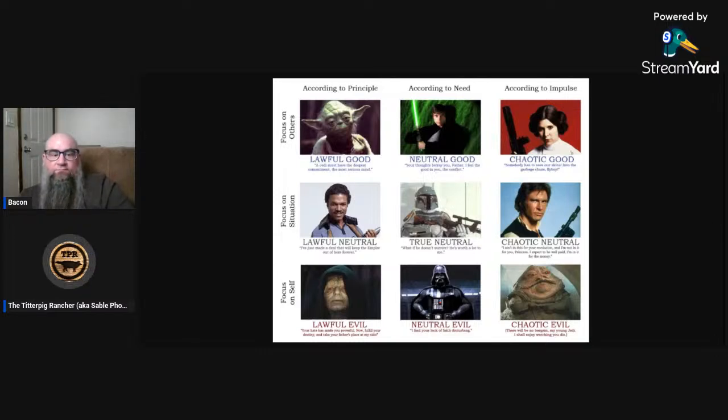To me, the genius of the 9-quadrant alignment chart as related to this really solidified with the Great Wheel cosmology and Planescape in D&D 2nd edition, which is my favorite D&D setting.